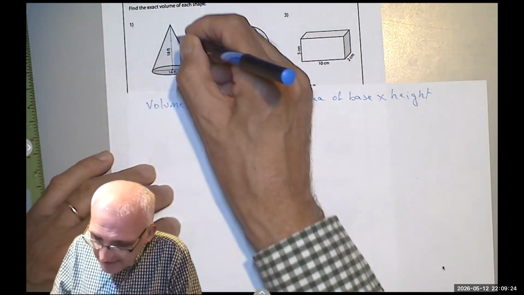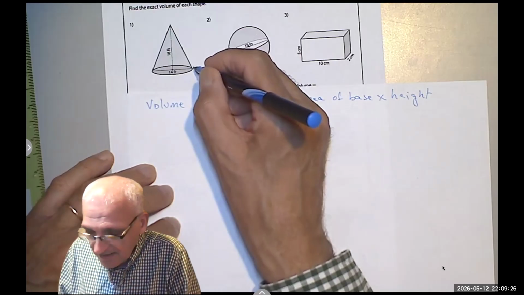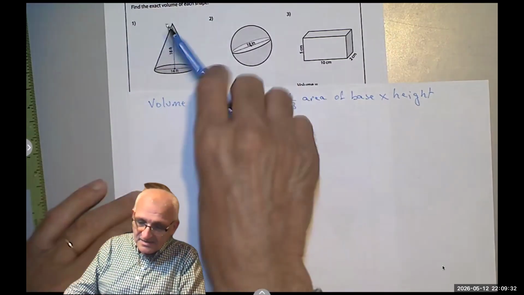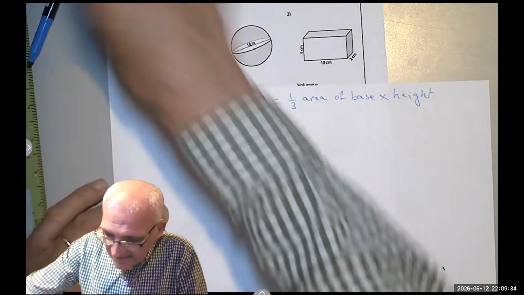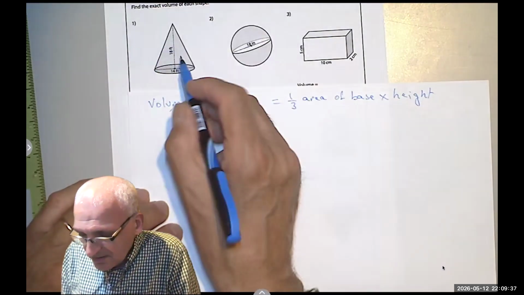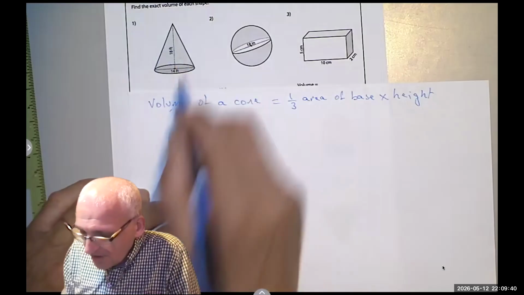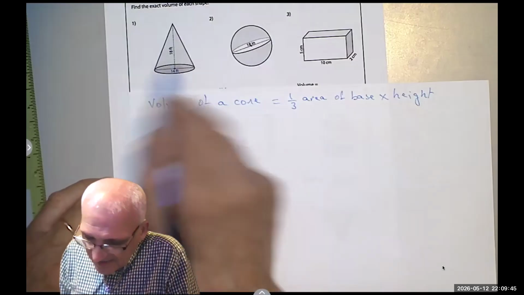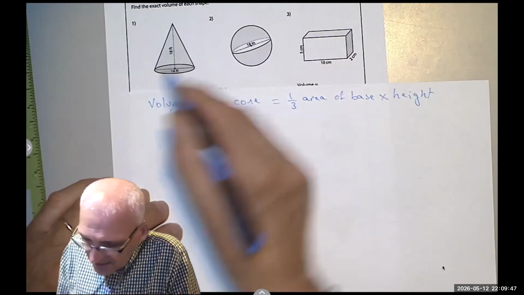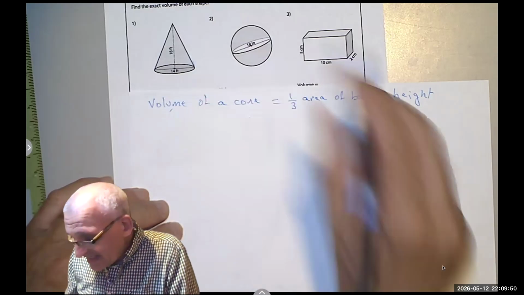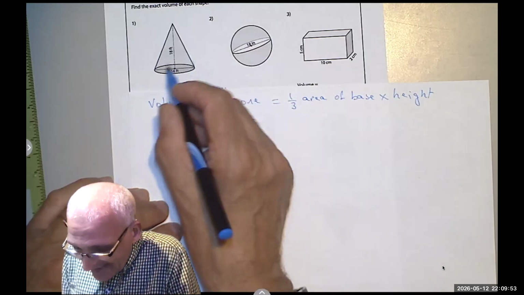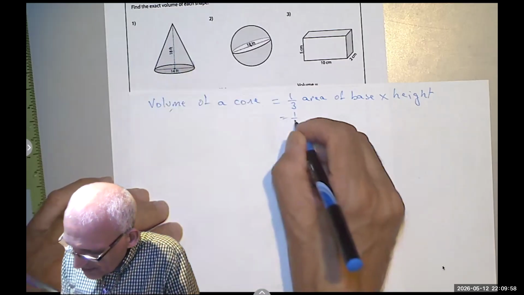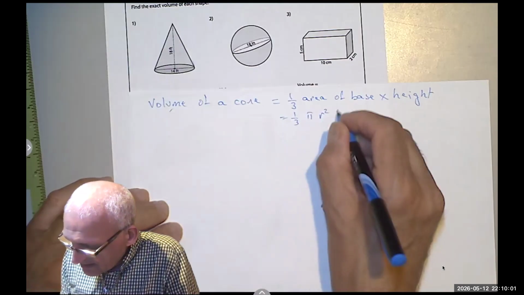And then we multiplied by the slant height, L. The lateral area of a cone would be 1/2 the perimeter, which is 2 pi r, so 1/2 of that is just pi r times L. But here for the volume, it's 1/3 the area of the base, which is pi r squared, times the height. So it's 1/3 pi r squared times h.